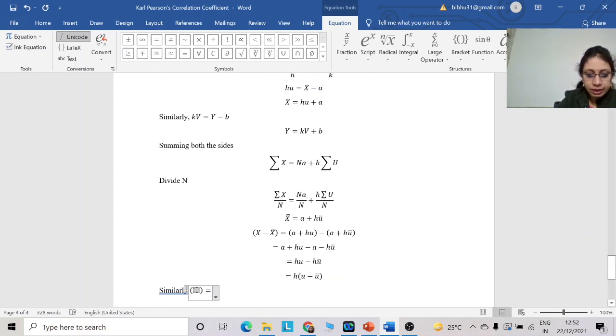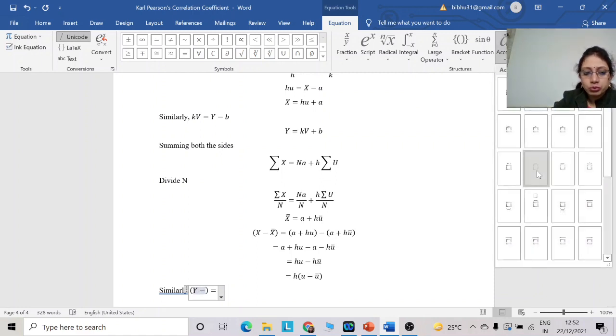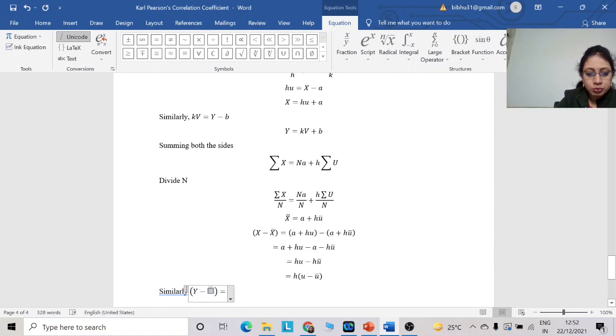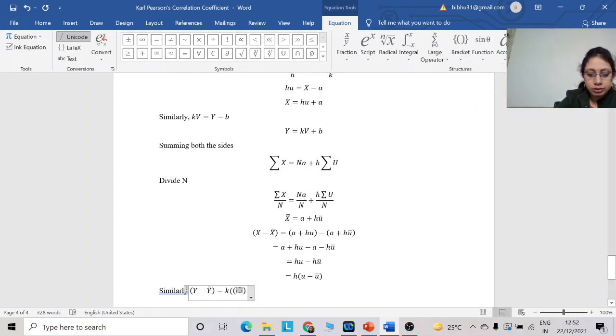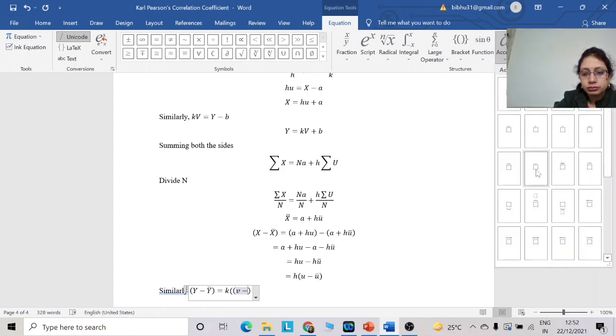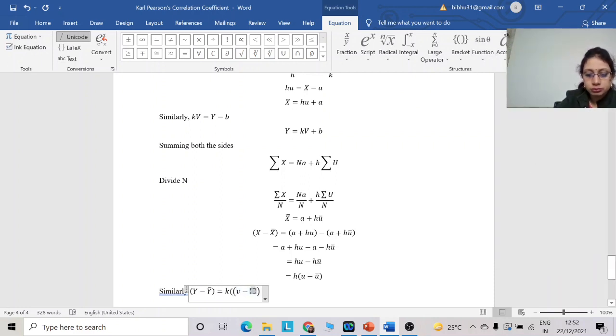Similarly, we'll get Y minus Y bar is equal to k v minus v bar.